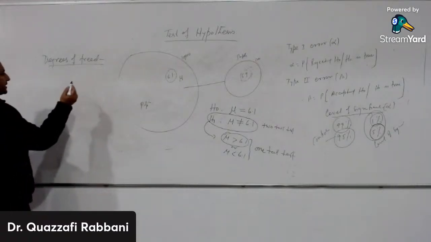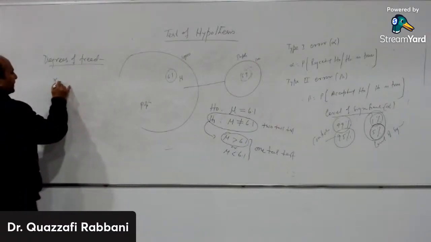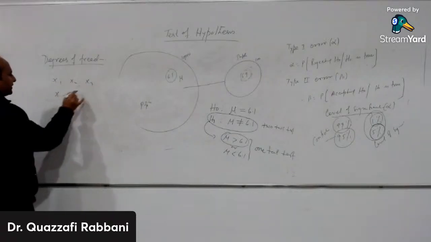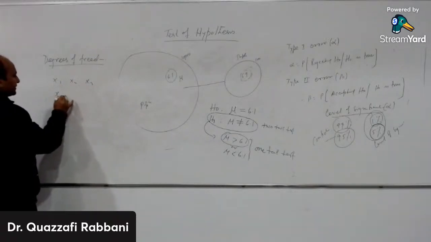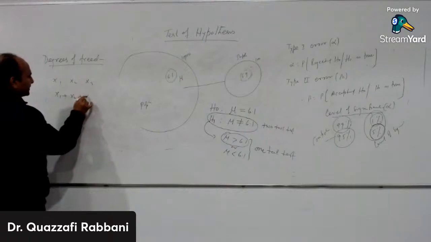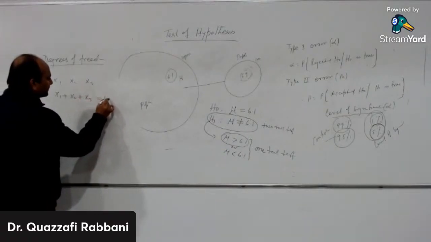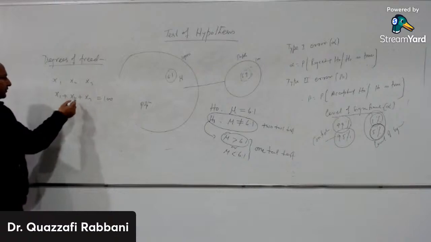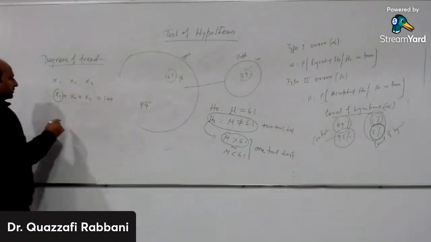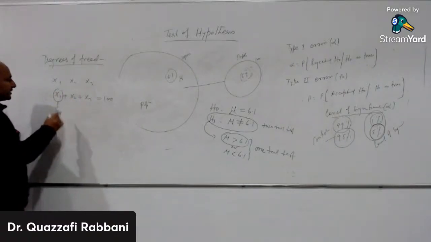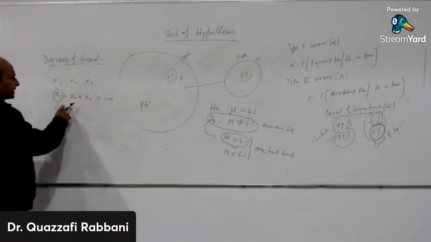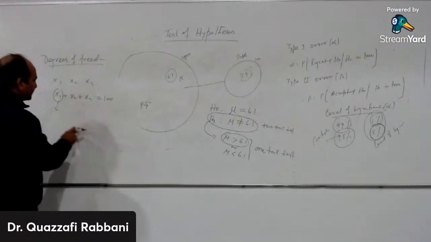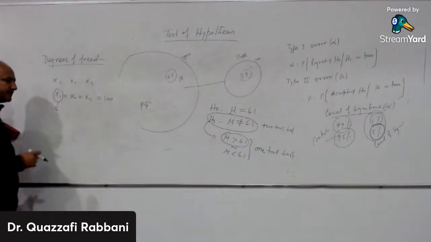Suppose we are given three values, x1, x2 and x3, and the relation between these is x1 plus x2 plus x3 is equal to 100. Suppose the sum of these is 100. So you are free to take any value for x1.